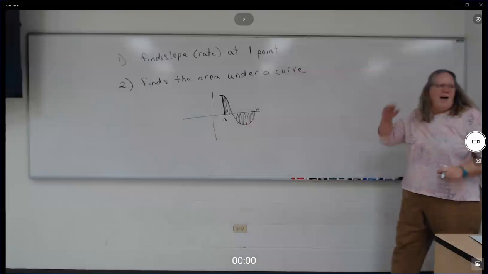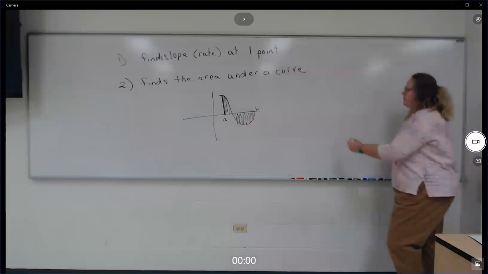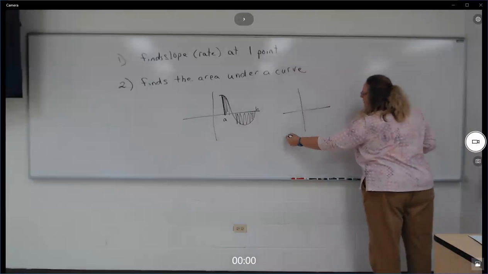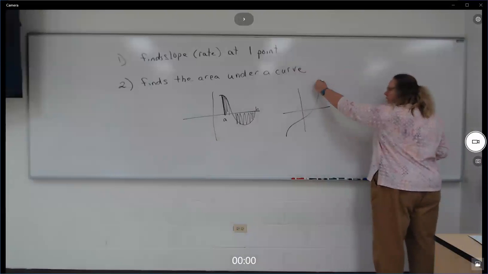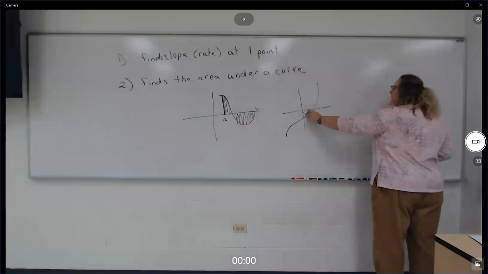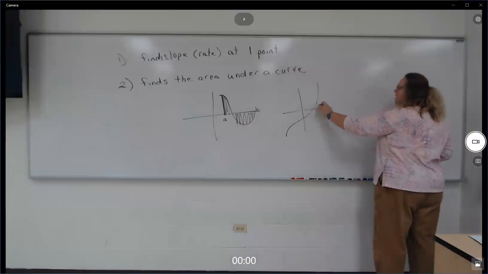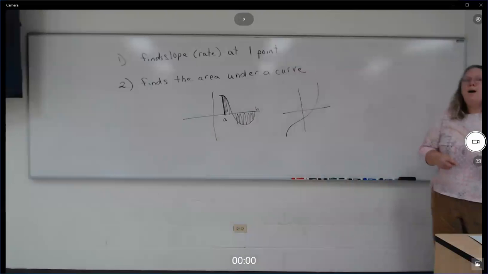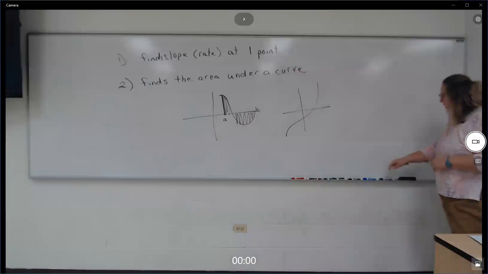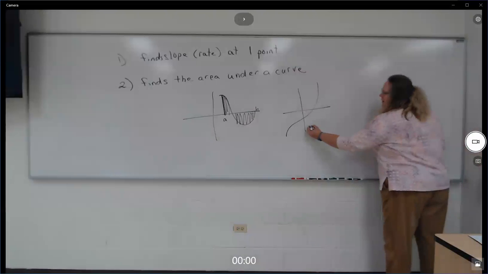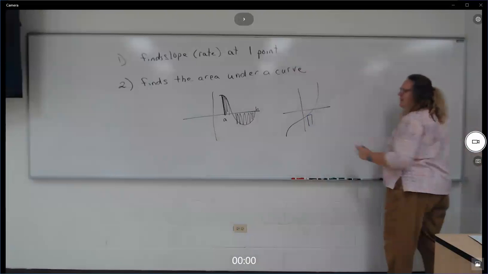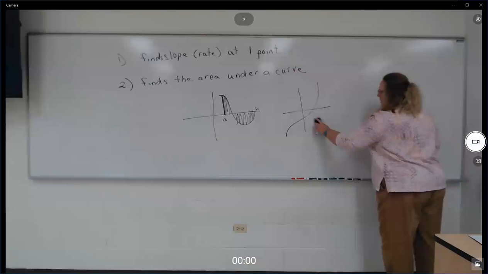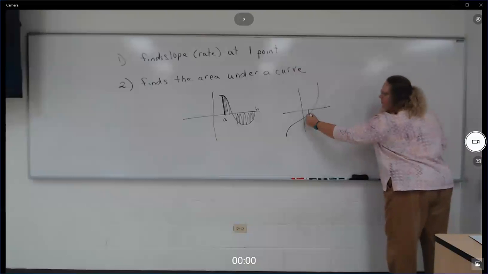On the test yesterday, the graph went something like this, and people were trying to find the area here. It didn't start until over here, so all the rectangles were above. But for some reason, some of you were drawing them below, drawing a rectangle like this.